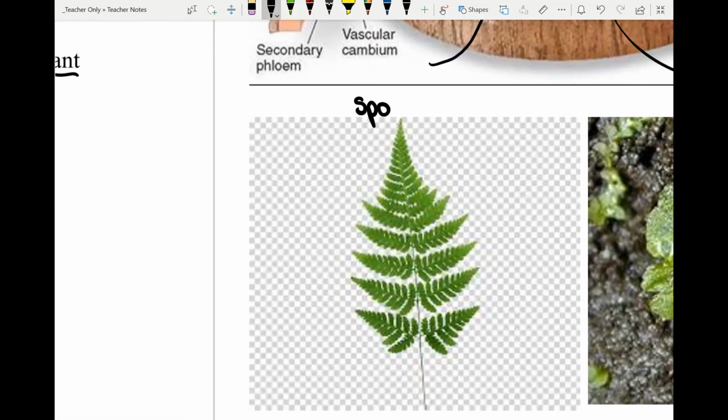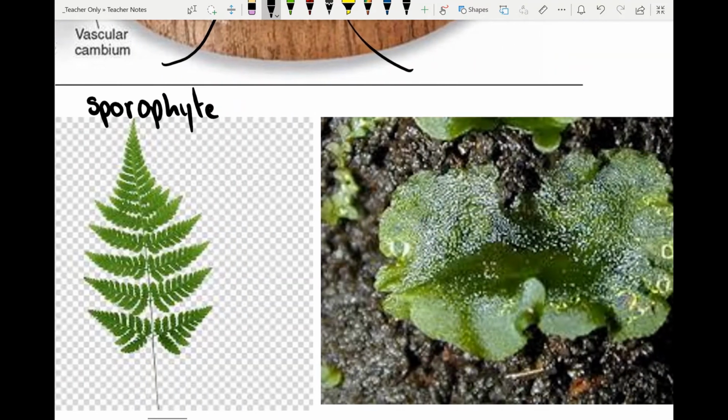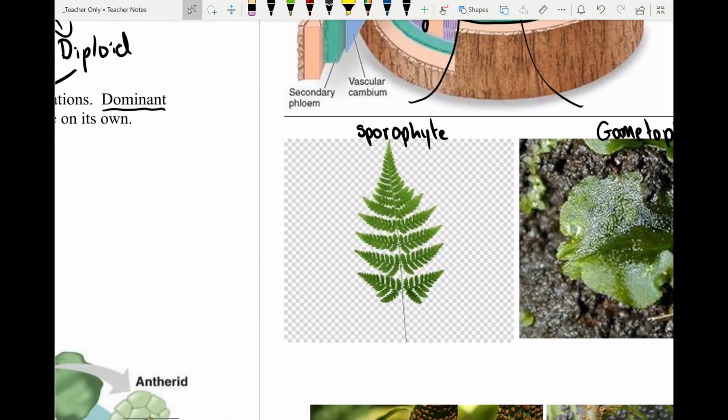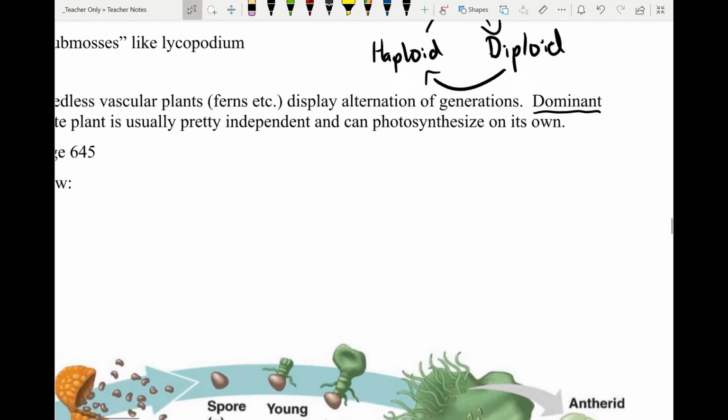This is the sporophyte. The gametophyte actually looks like this. And that doesn't look like a fern at all, but I'll show how this plays out in their life cycle.